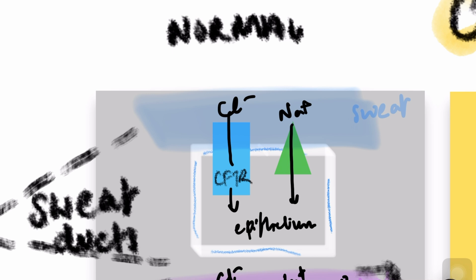Now, when the chloride is brought into the cell, sodium is attracted, sodium is positive, chloride is negative. Sodium is going to be attracted to the negative charge, or you can also say that to maintain electrochemical balance, sodium is going to also come into the cell. So in the sweat, there's going to be a balanced amount of electrolytes.